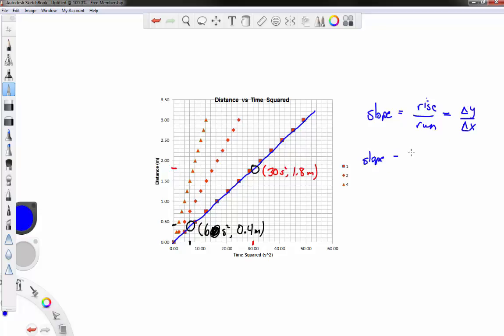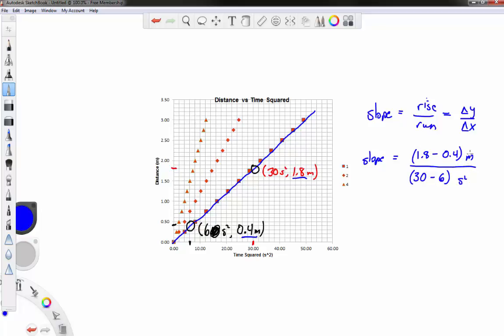So slope in this case is going to be equal to 1.8 minus 0.4, and both of those numbers are in meters. So we have meters, and we have 30 minus 6, and both of those are in seconds squared.